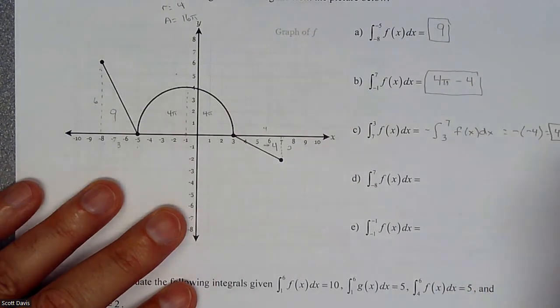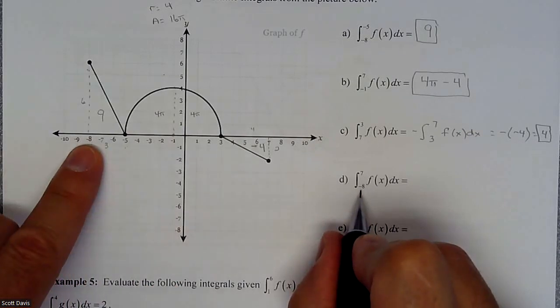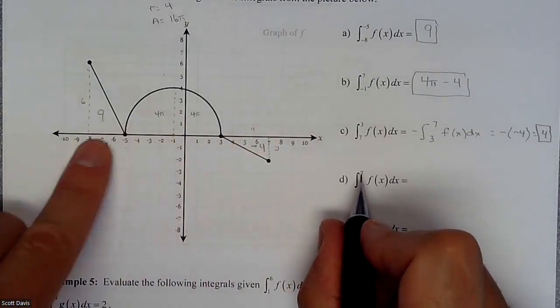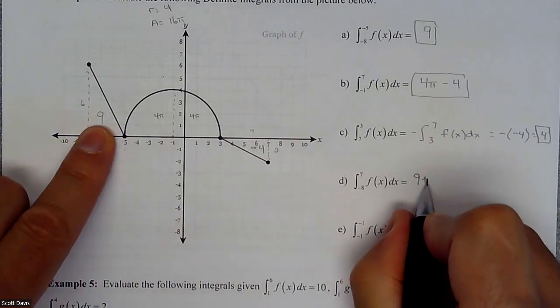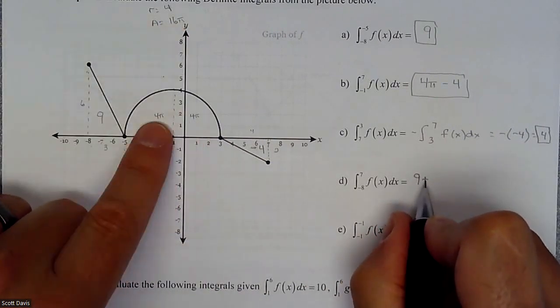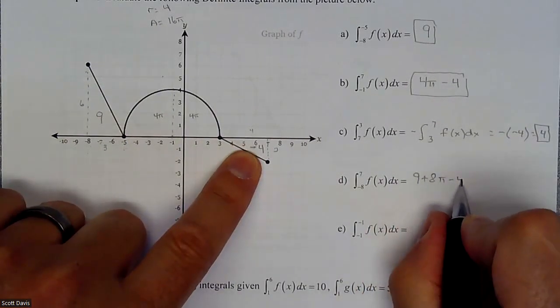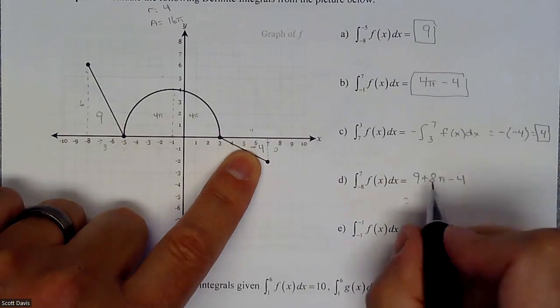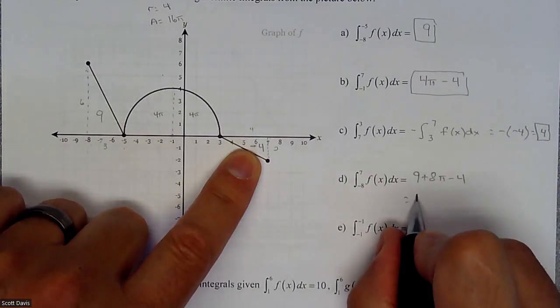All right. Then we're going to go from -8 to 7, so the whole thing, which means we have 9 plus the 8 pi minus the 4. We'll simplify as much as we can, so we can put the 9 and the -4 together, and that's going to get us a 5.